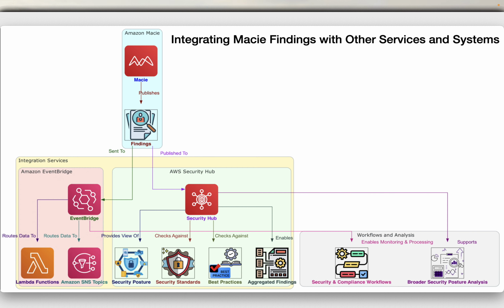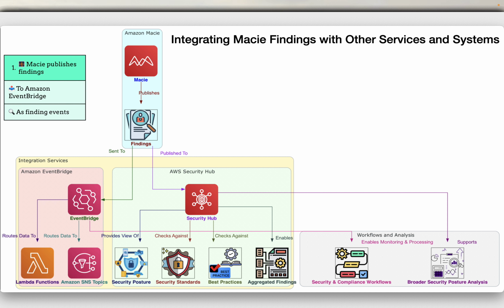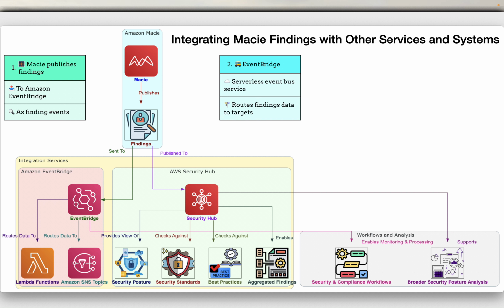Okay, next feature is integrating Macie findings with other services and systems. To support integration with other services and systems, Macie publishes its findings to Amazon EventBridge as finding events. EventBridge is a serverless event bus service that can route findings data to various targets.